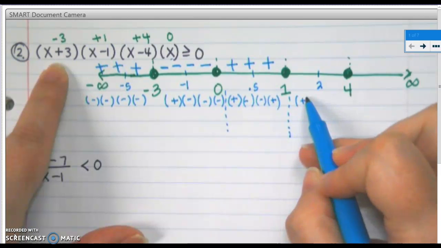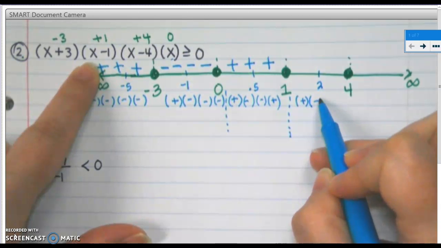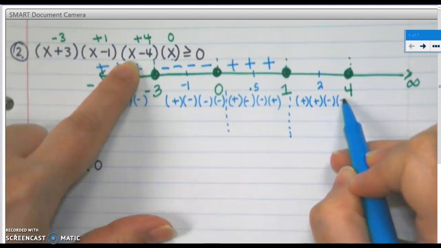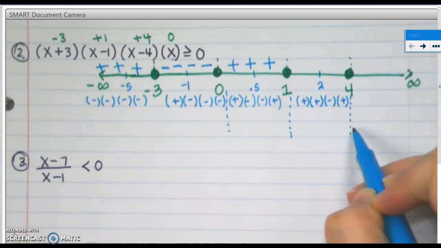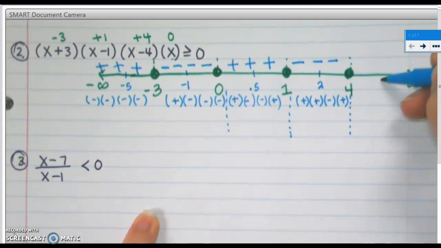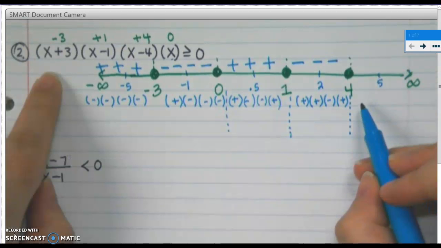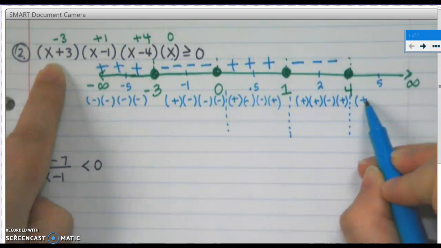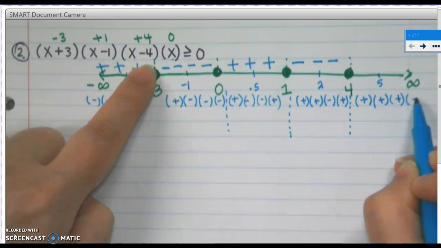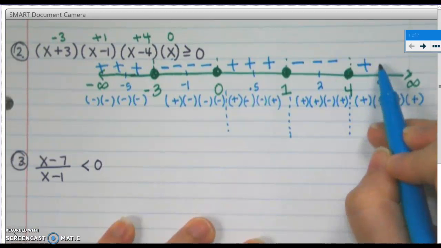So 2 plus 3, 2 minus 1, 2 minus 4, 2. So that would be negative. And let's test 5. So 5 plus 3 would be positive. Positive, 5 minus 4, and 5 itself is positive.